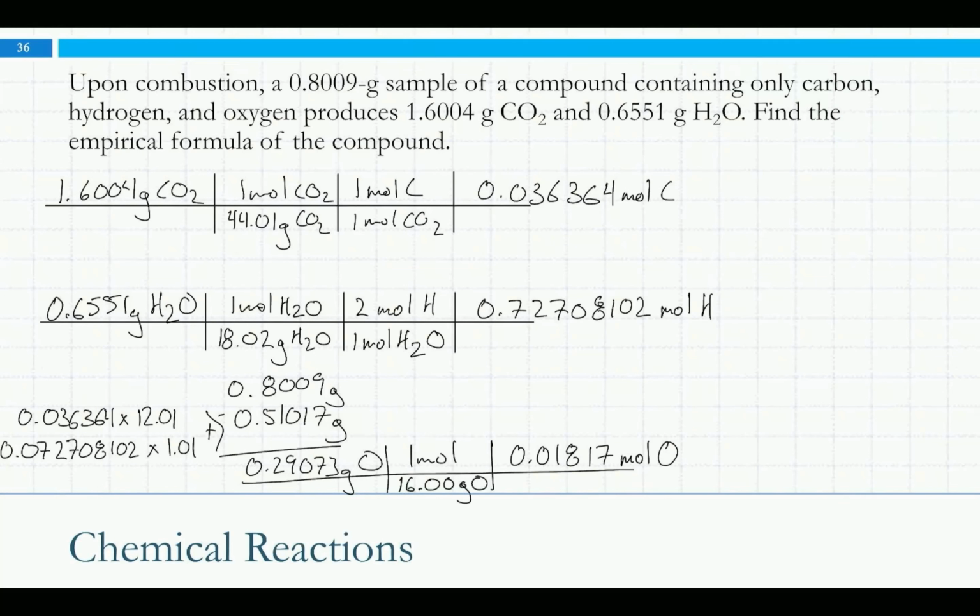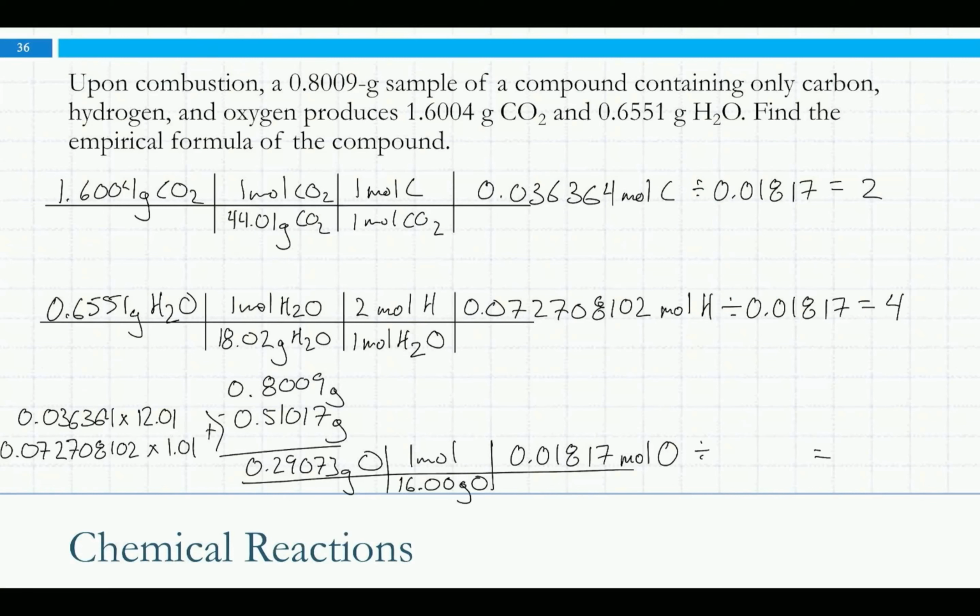So now that is our smallest number of moles. Divide these. That equals 2. Oh, I didn't fix this one. 727.08102 divided by, that's 4.